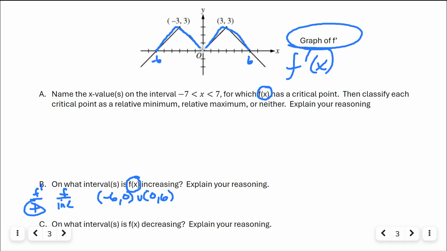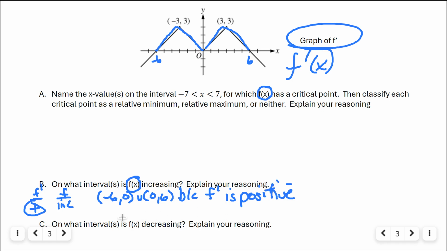It's 0, so I can't count that in my interval. It's just 0. So on what intervals is f increasing? From -6 to 0 in the union 0 to 6. Explain my reasoning. The reasoning is simple: because f prime is positive. That's all you have to say.